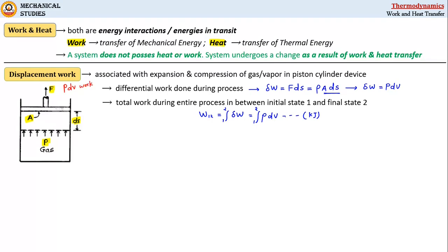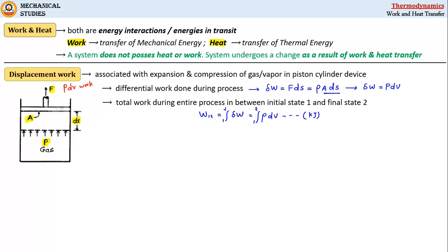Now please note a very important point that you can use this formula W equal to integral of P into dV in case of a closed system undergoing a process in quasi-static manner. But don't use this formula for open system devices, since those are analyzed on the basis of steady flow energy equation, which we will see in later videos.